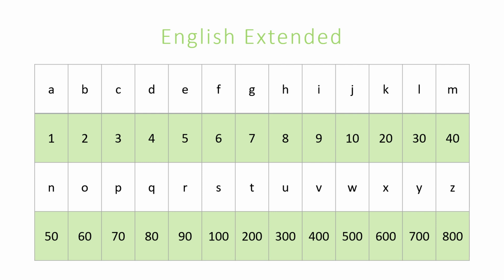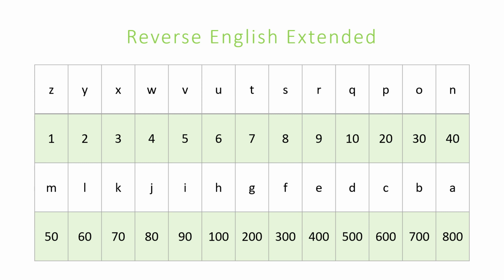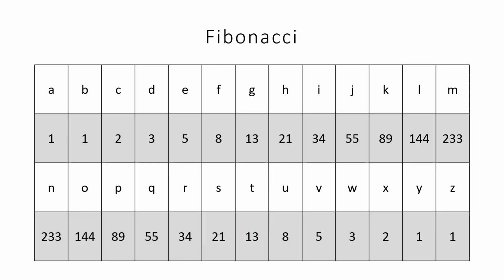The first 9 letters have corresponding values from 1 to 9. The next 9 letters have the corresponding values from 10 to 90, followed by the remaining 8 letters having values from 100 to 800. By applying the same principle of the denary system to the reverse Pythagorean order, the modified cipher is called reverse English extended.